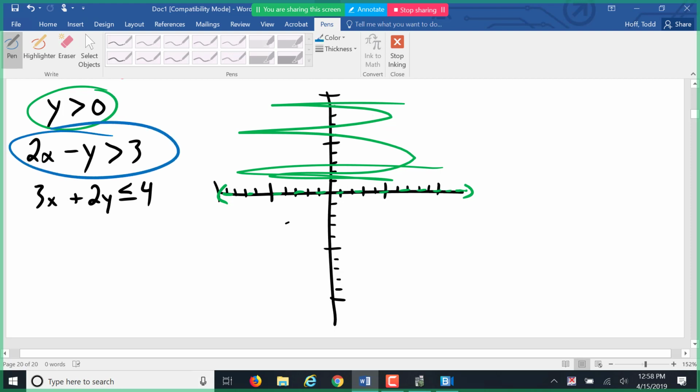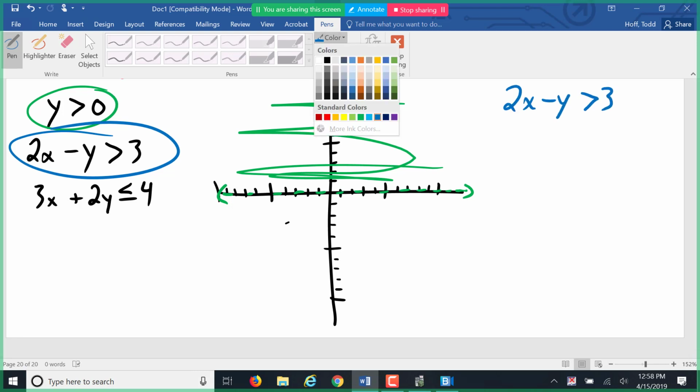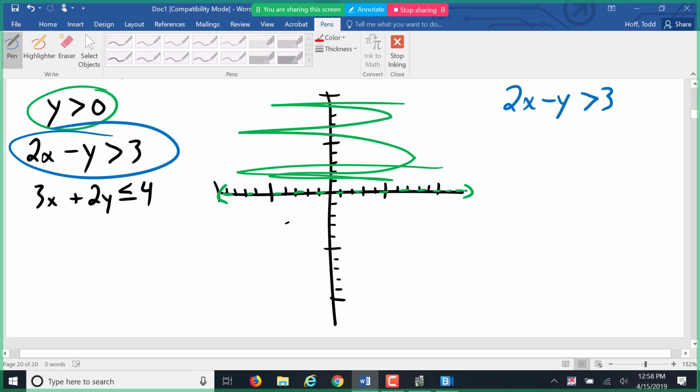Two x minus y is greater than 3. You could do what Ezra did there and just say, well, 3 divided by 2 is a 1.5, so it intersects x at 1.5. 3 divided by negative 1 is negative 3, so it's going to intersect y at negative 3. But let's go ahead and solve it. We'll subtract 2x.